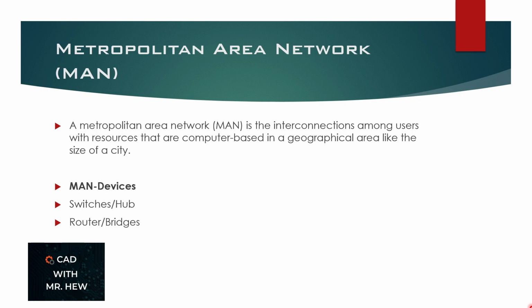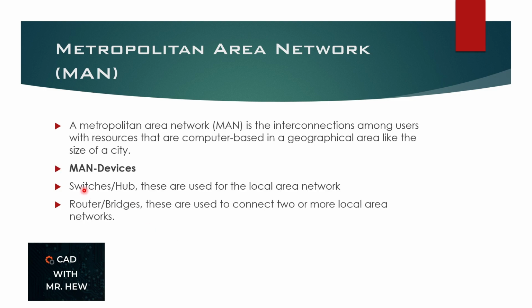So you would need switches or hubs or a router or bridges, right? The switches and hubs are used for the local area network, while the routers and the bridges are used to connect two or more local area networks, as we said previously.